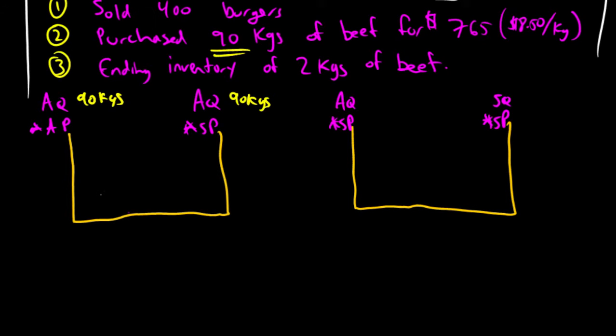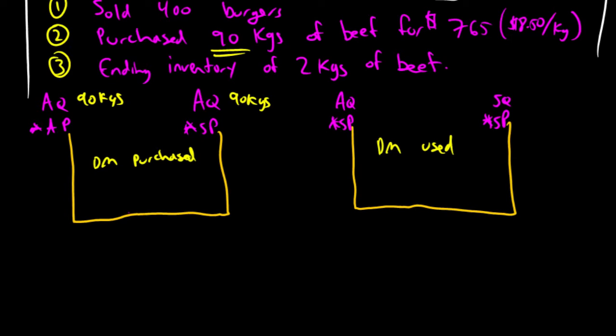Oh, I should note, the left prong is for direct materials purchased. The right prong is for direct materials used. I almost filled in the right prong as 90 kilograms, but of course we used a different amount from what we purchased. So we purchased 90 kilograms.